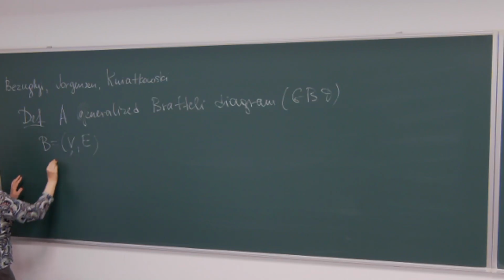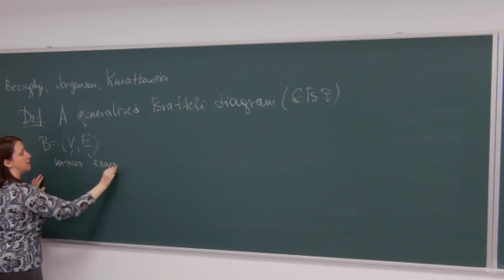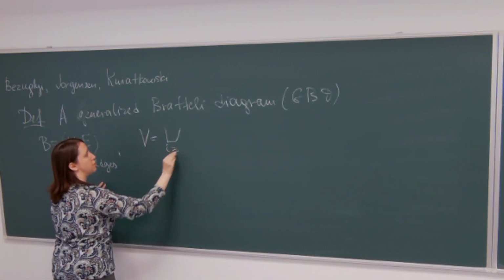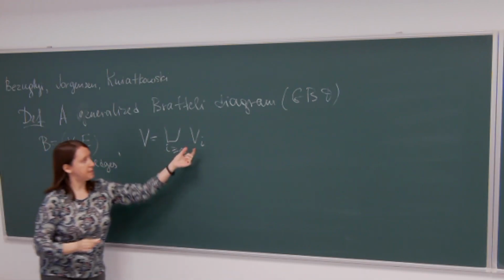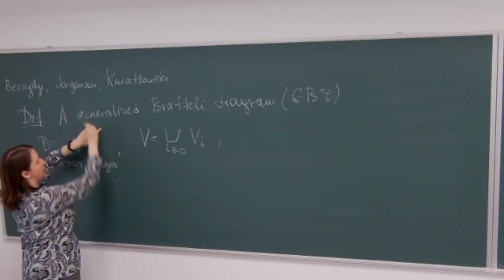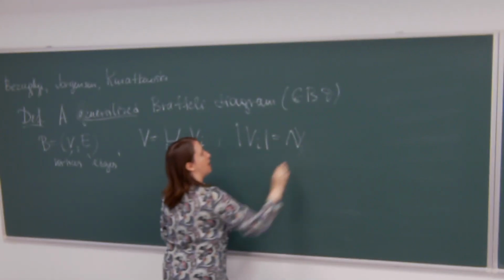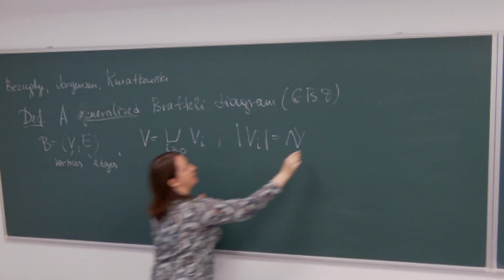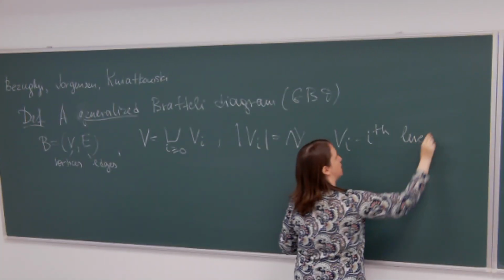So we have the set of vertices and edges. The set of vertices is partitioned into so-called levels, into disjoint subsets. For generalized diagrams, each of the subsets V_i is countably infinite. And V_i is usually called the ith level of the diagram.